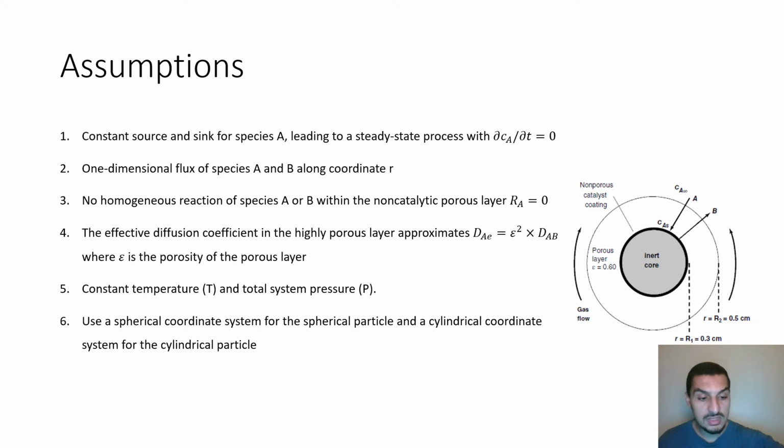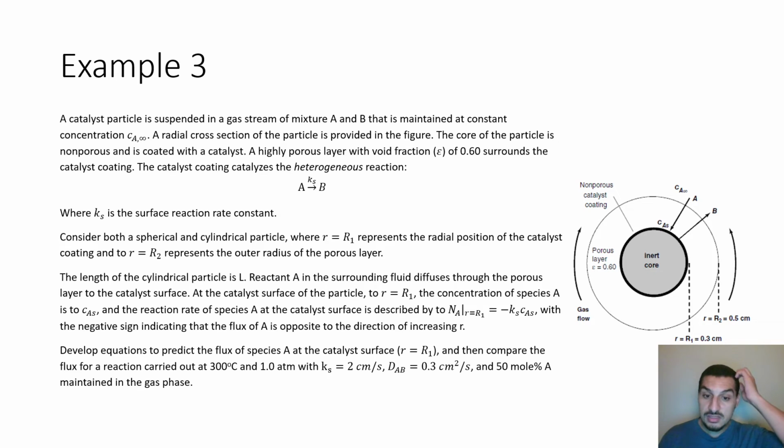I forgot to say something: the photo that we see here is a cross section, and this is a problem that we will apply in two cases. This cross section is of a cylindrical catalyst particle, and the other is for a spherical catalyst particle. Both have the same cross section, but one has a cylindrical shape and the other a spherical shape.